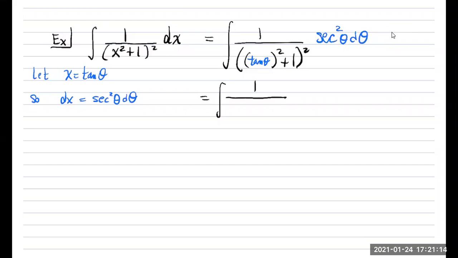Now the tangent squared plus 1, that's the fundamental identity, right? That's the secant squared.